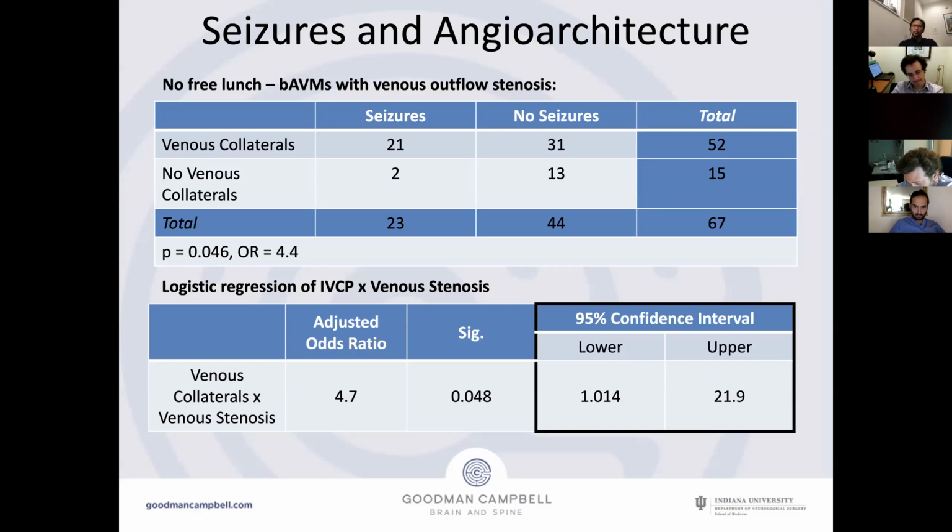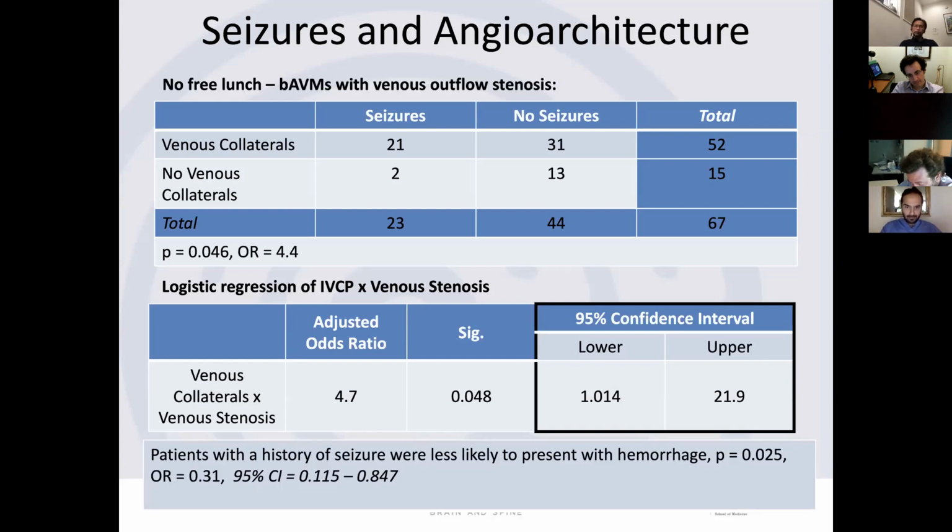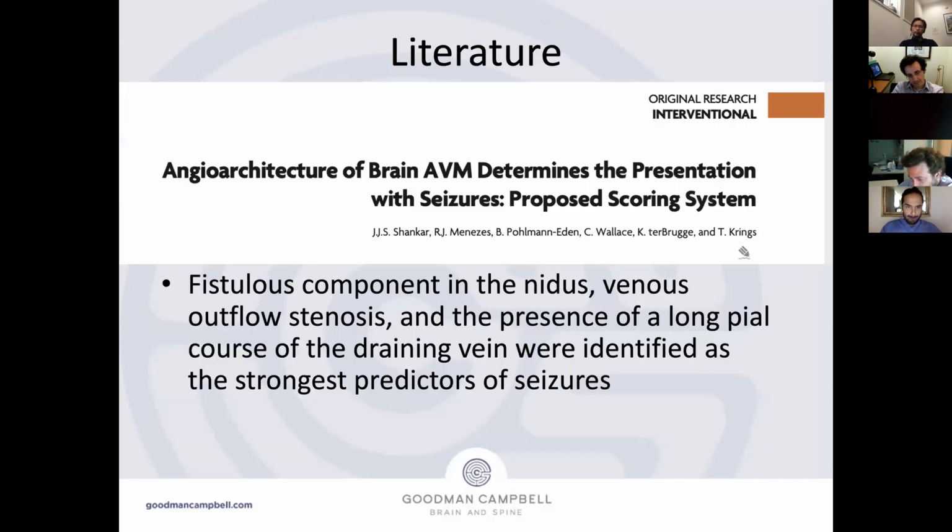So while the increased venous collateral potential is protective by lowering the outflow impedance, you're spreading increased venous pressure over a larger cortical territory and it is putting you at increased risk for seizures. And something very similar was actually shown in the Shankar study by Dr. Kring's group.